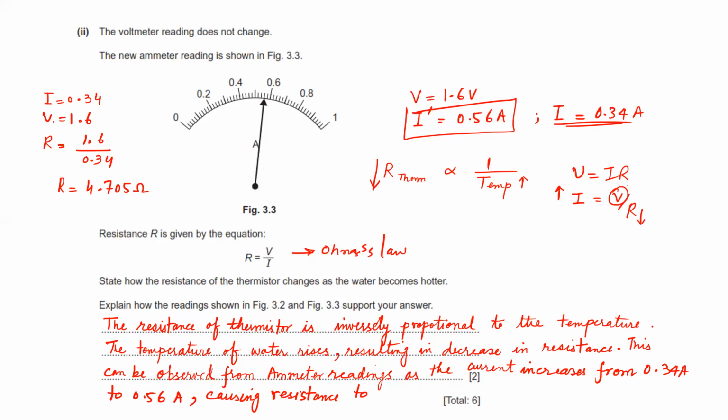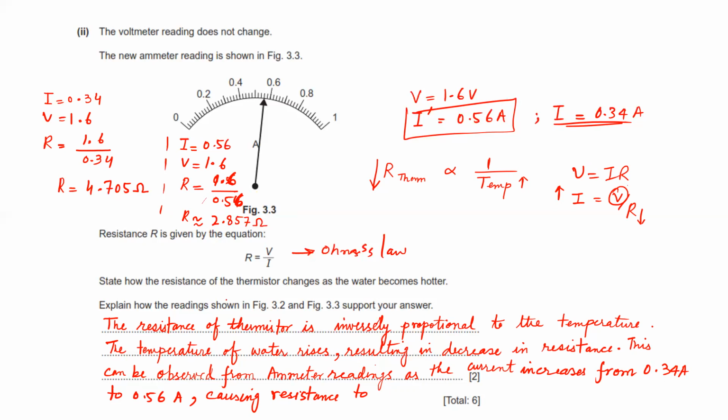For the next case, the current value is 0.56, my voltage is 1.6, and resistance is 1.6 divided by 0.56, which comes out to be 2.857 ohms.